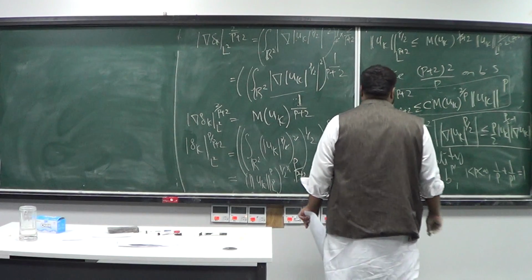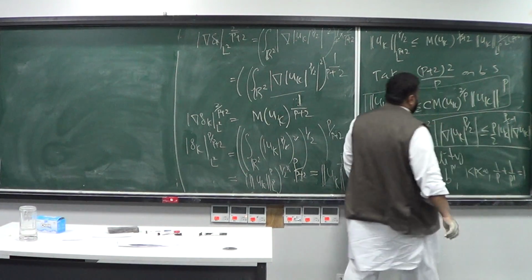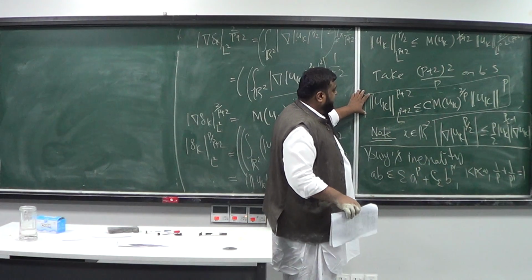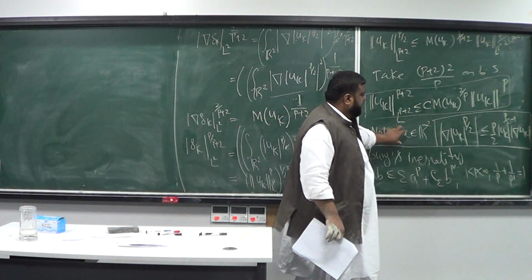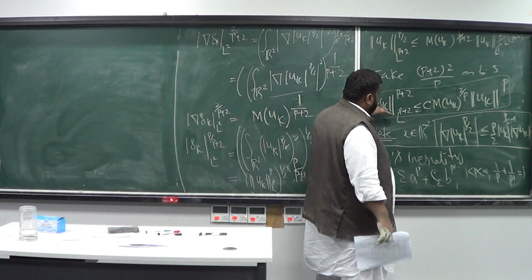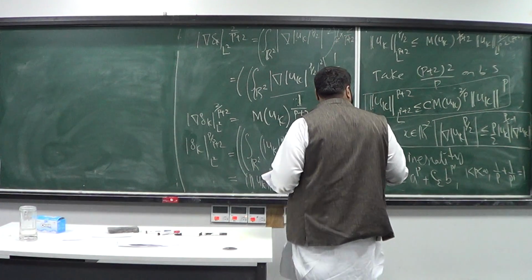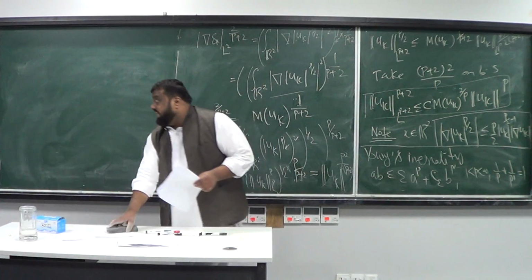Before applying Young's inequality, we had this inequality, and we also talked a little bit about the other inequality. What I would like to do is use these two inequalities and deduce an interesting version of the inequality.